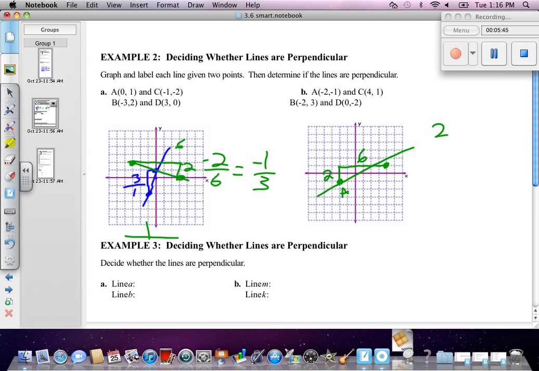So 2 over 6 reduces to 1/3. So what would my next line have to be for it to be perpendicular? What would the slope be? -3. Okay, so I'm going to graph -2, 3. And 0, -2. That slope is undefined.